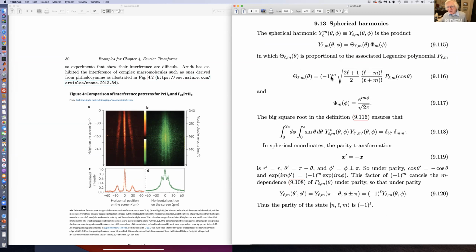The minus 1 to the m cancels the dependence here. Well, let me skip that for the moment.